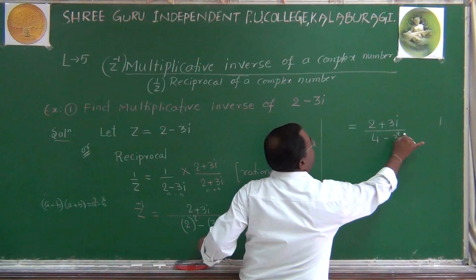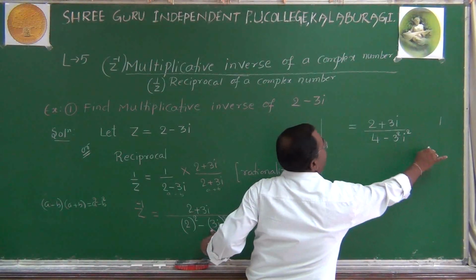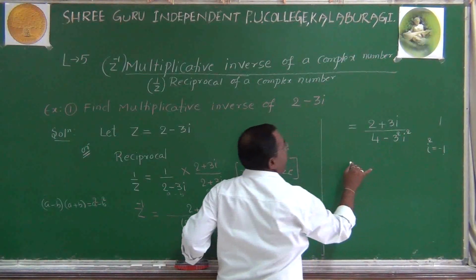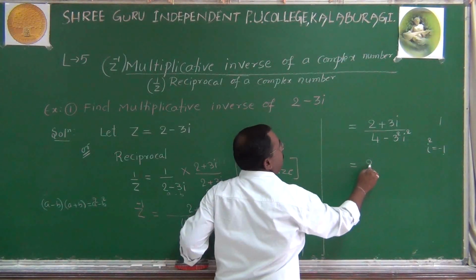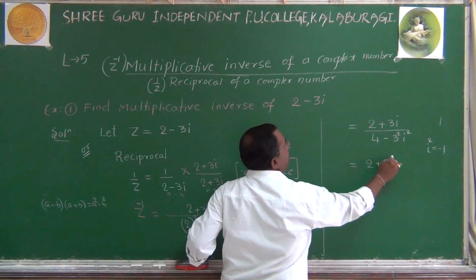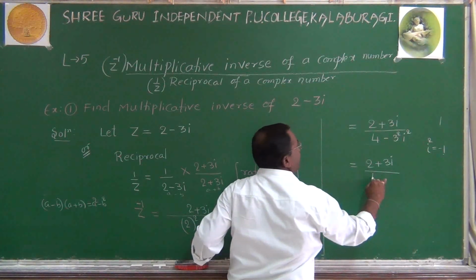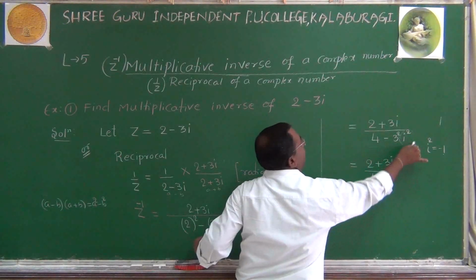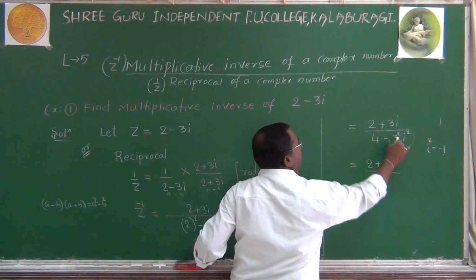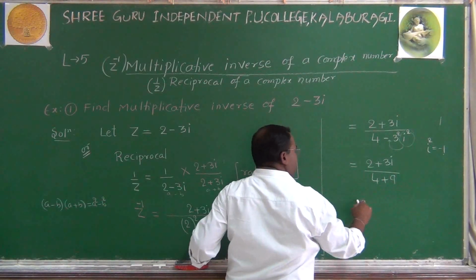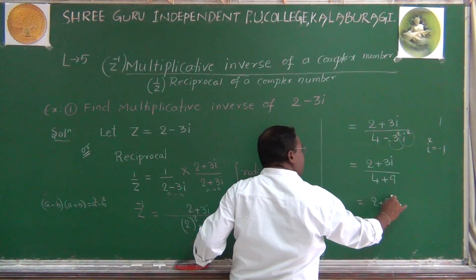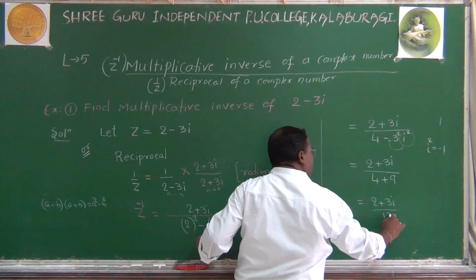I square value is what? Minus 1. That is 2 plus 3i divided by 4. I square value is what? Minus 1, minus 1 is plus, 3 square is 9. 4 plus 9 is 13.